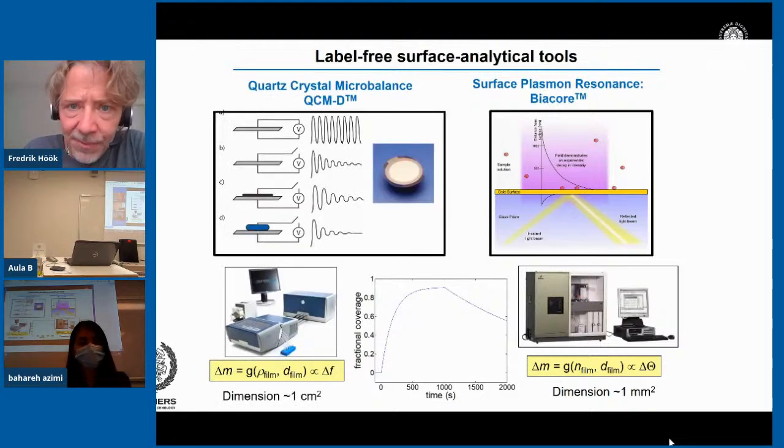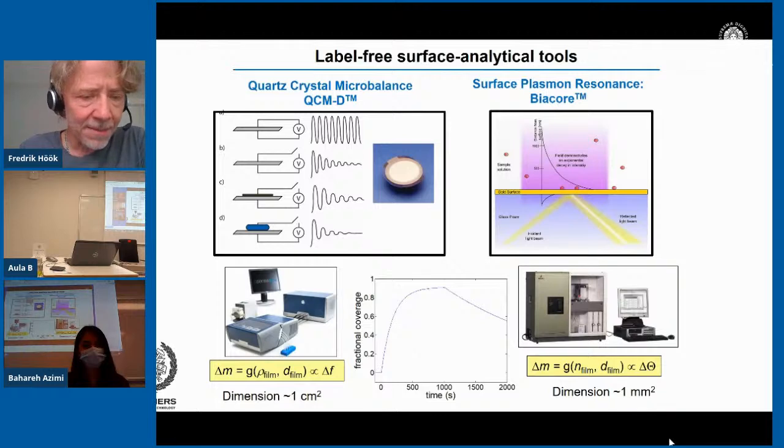My prime contribution to this field, though, is the development of the QCM device, which was also commercialized in the mid-90s. Both these techniques are now available as research instruments and much applied to address questions related to the biointerface field in general and biosensor applications in particular.